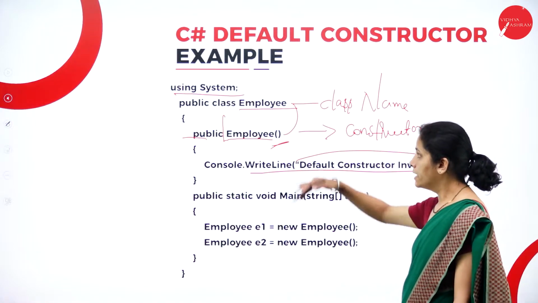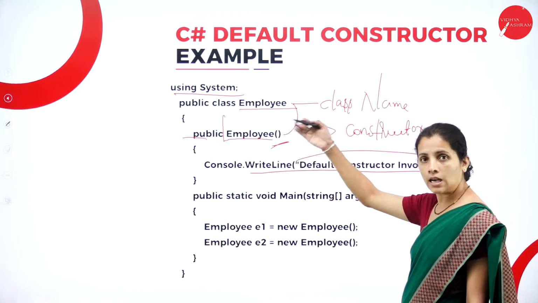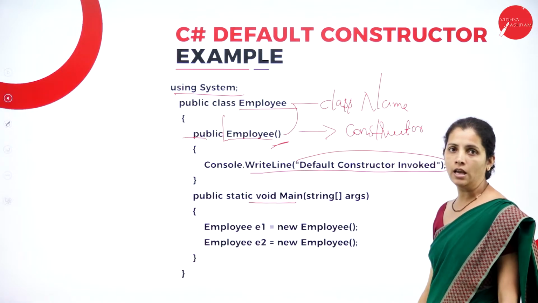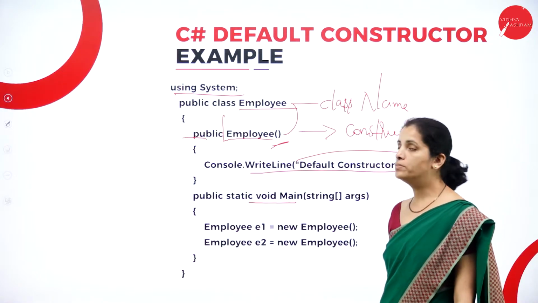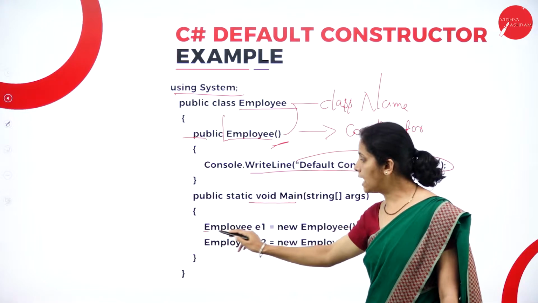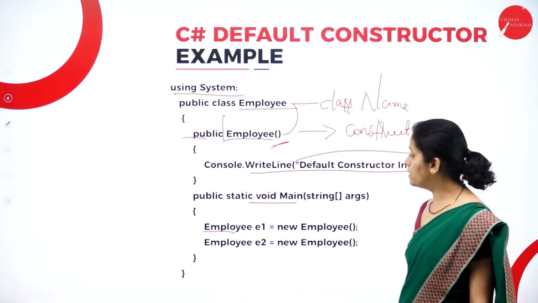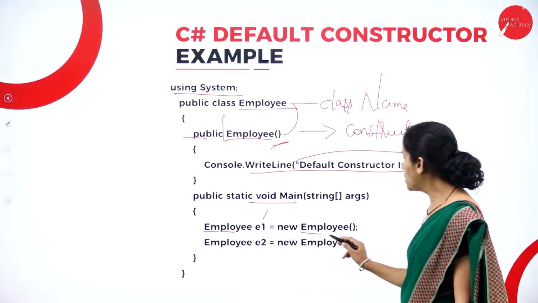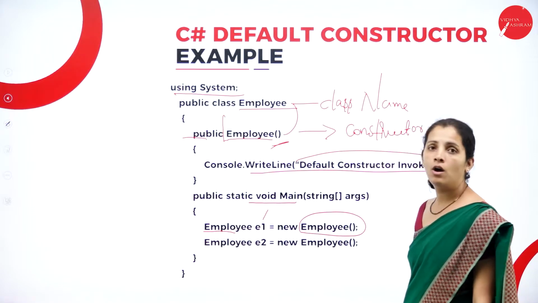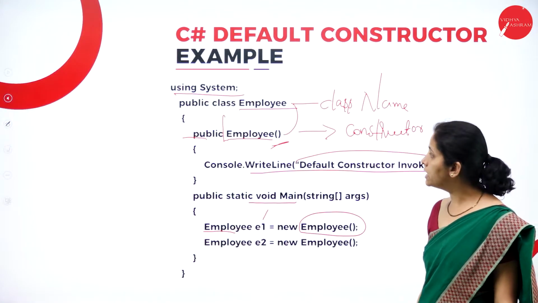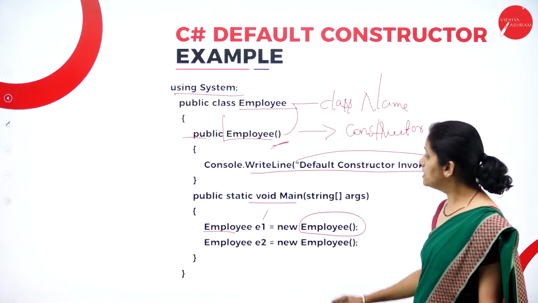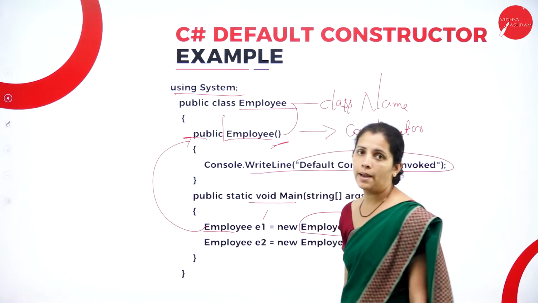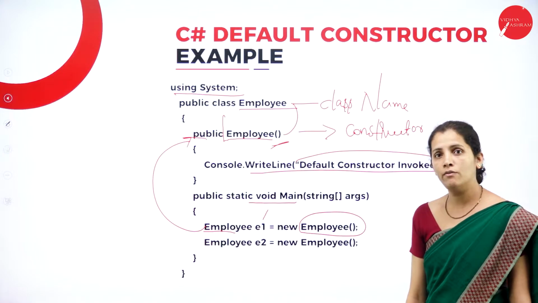Now, inside this class, I'm going to create the main function and I'm going to create the object. So what is my class name? Employee. And what is my object? That is E1. And when I create the object of the type employee, the constructor which belongs to class employee gets invoked.